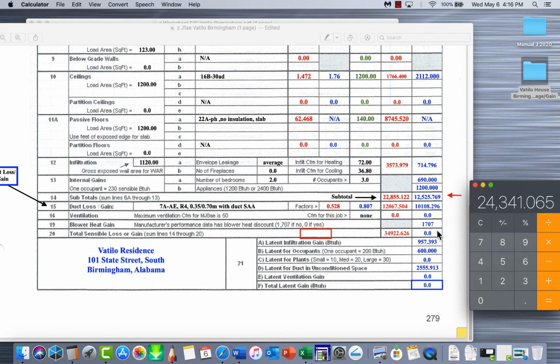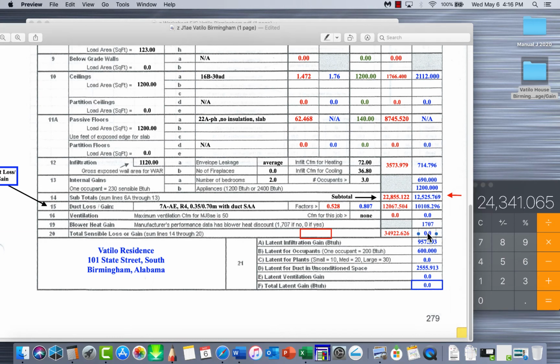And we end up with 24,341.065 for a grand total on that. Now we're not quite done. We still have to do the latent down here, so we're going to add all these up to get our total down here.